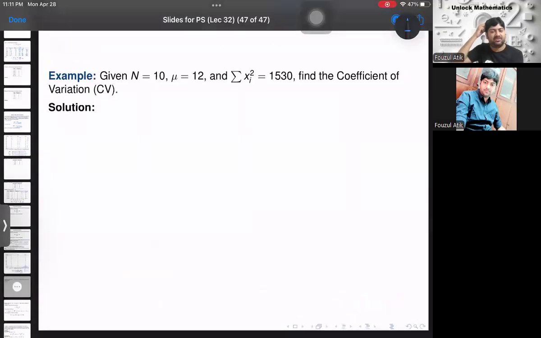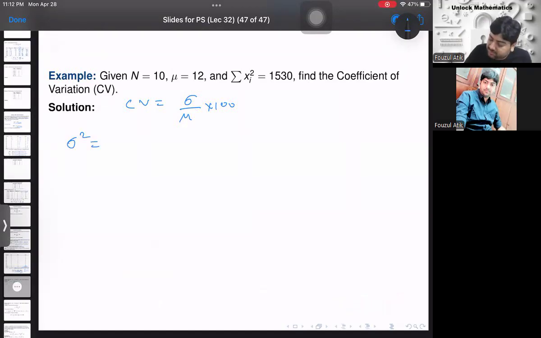Now one example is given where the n value is given, the mu value is given, that means the mean is given, and summation xi square is given. You have to find the coefficient of variance. To get it, you need sigma divided by mu into 100, so you need sigma. How to calculate sigma? First calculate sigma square, which is the variance formula.